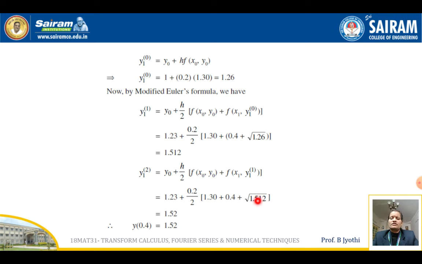Here it was y1 of 0 in the previous step. Here it is y1 of 1. So that 1.26 alone is to be replaced by 1.512. So we get, instead of 1.512, we are getting 1.52. That is the only difference. So after applying the two stages, we are getting 1.52 as our answer for y of 0.4.